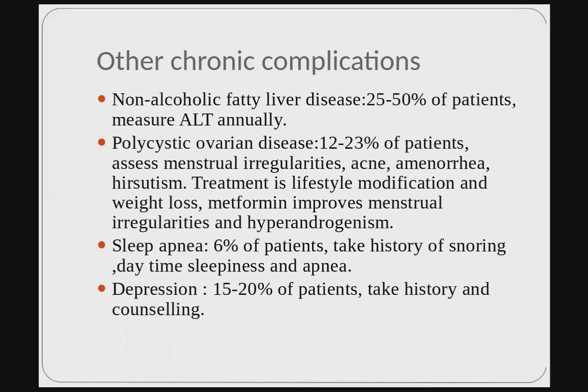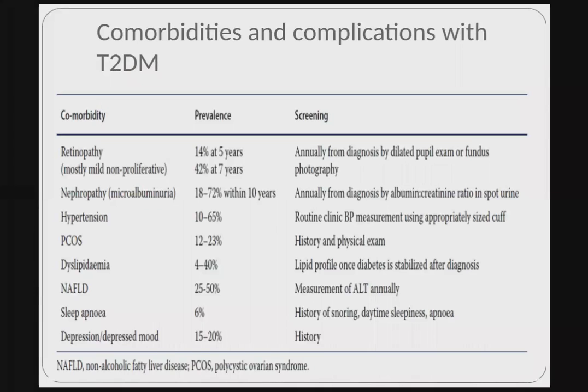This is just a highlight of what had been said earlier. Retinopathy prevalence is about 14% at 5 years, may be seen in 42% at 7 years, and screening should be done annually by dilated pupil exam or fundoscopy. Nephropathy is detected by checking for microalbuminuria, which one may pick up in 18 to 72% of them within 10 years.